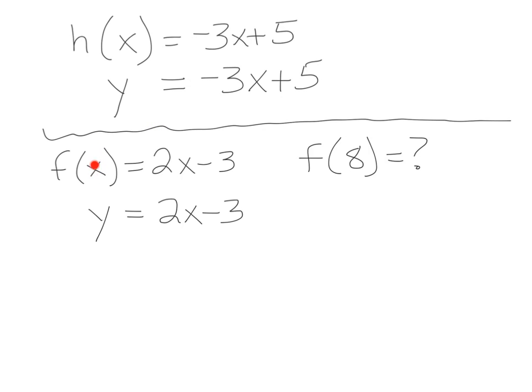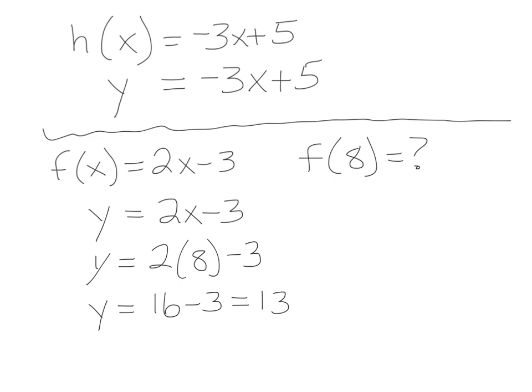See how it's in the x spot? F of 8, f of x. So take the 8 and plug it right in for x. So you're going to go y equals 2 times 8 minus 3. So y equals 16 minus 3, which is 13.